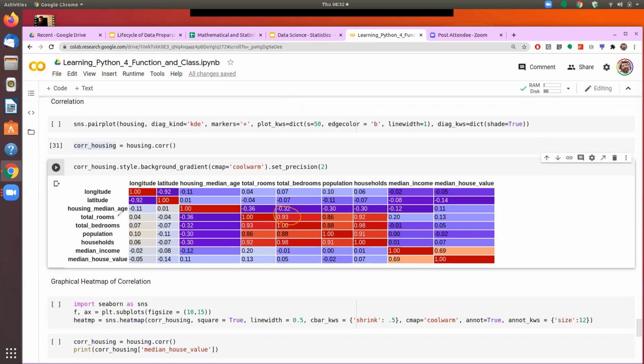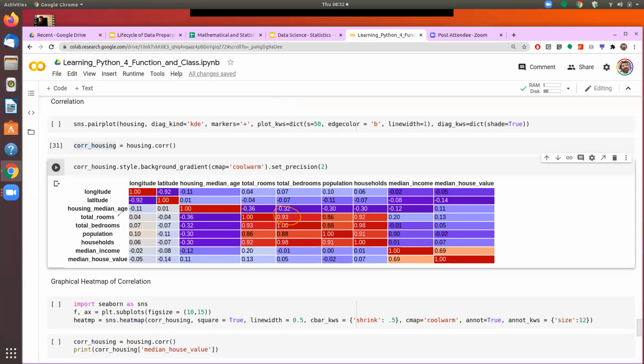So I ask whether I should keep both of these features, total bedrooms and total rooms, in my data set, or remove one of them. If I remove one of them, it's not going to affect me, because if I know the total rooms, I more or less know the total bedrooms also.